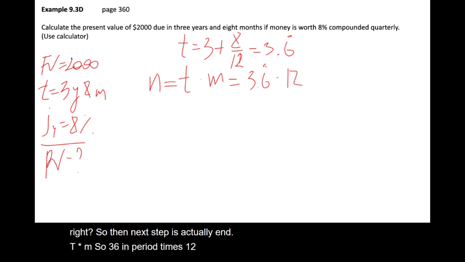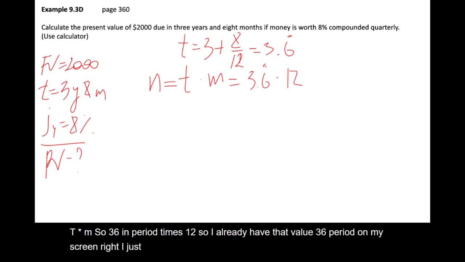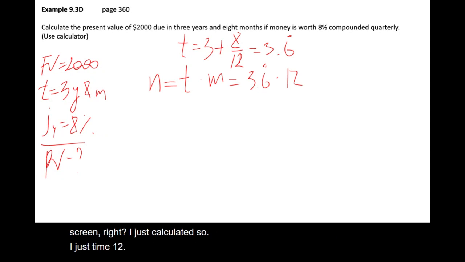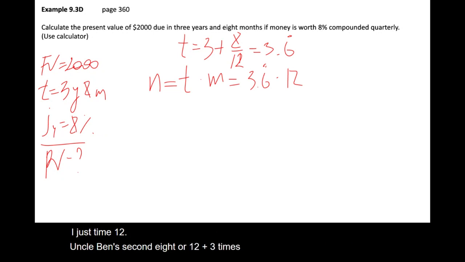I already have that value 3.6 in period on my screen, right? I just times 12. Hold on a second. 8 over 12 plus 3, times 12. That's 44.